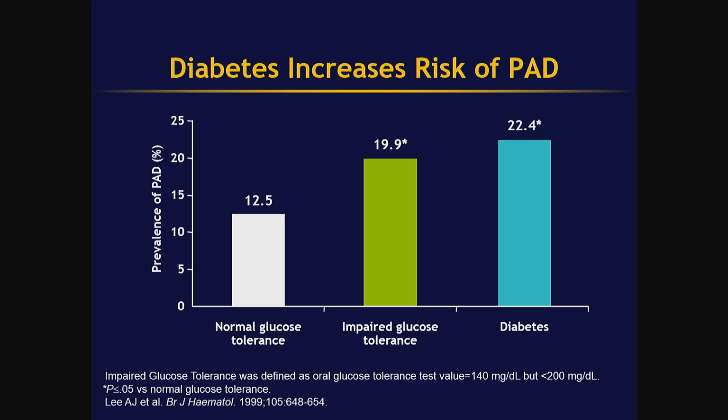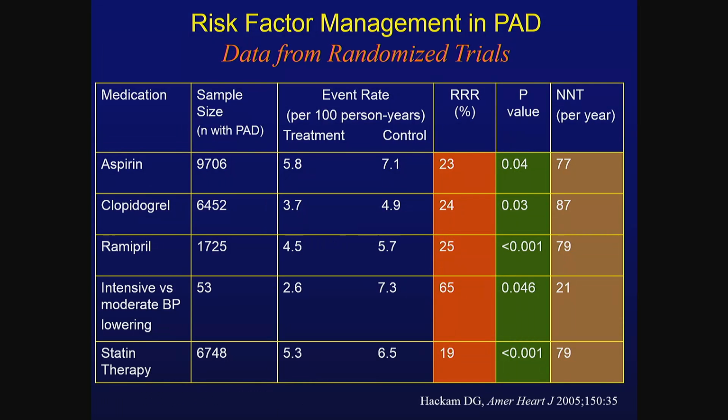It appears that tight glycemic control is not associated with a decrease in PAD symptoms or reduction in limb outcomes, other than a reduction of the risk for critical limb ischemia.